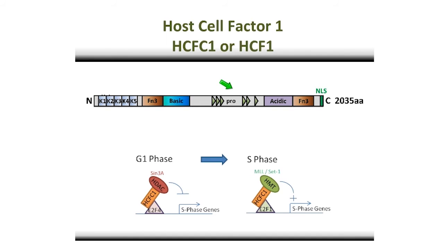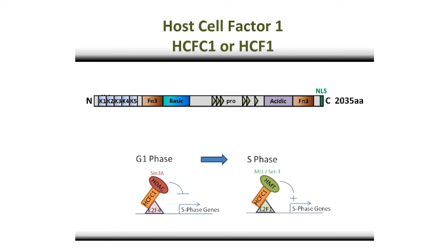Because it is a transcription factor, again, we turned back to our cell lines that we derived from affected individuals to see whether we could reveal any transcriptome changes, and whether these changes would be reflective of an alteration in HCFC1 function.